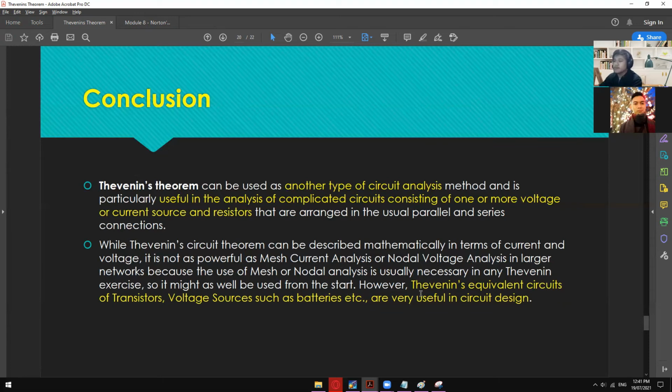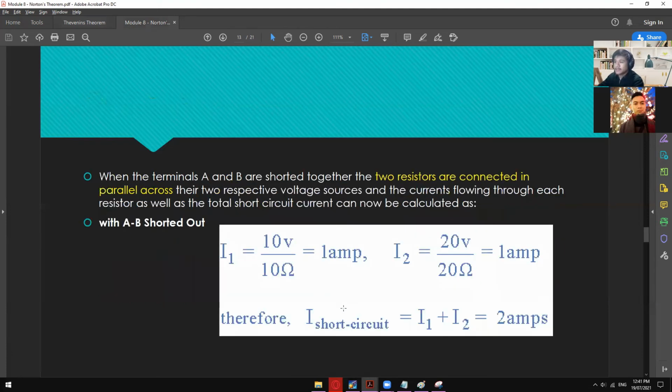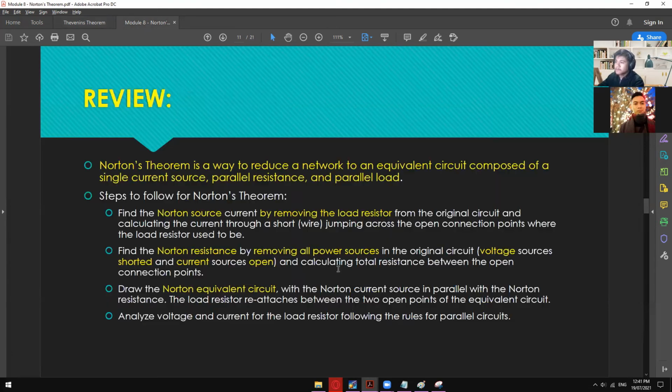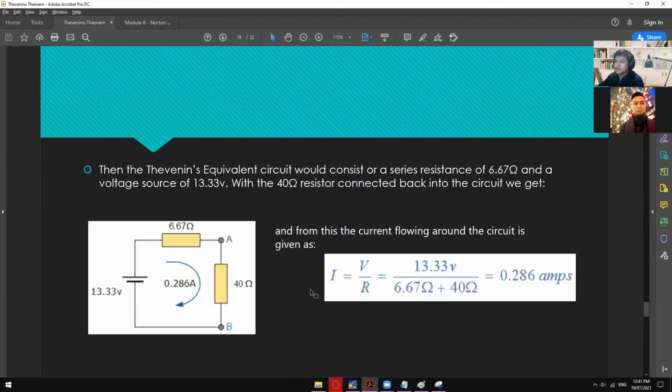Okay. So, however, Thevenin's equivalent circuits of transistors, voltage sources such as batteries, etc., are very useful in circuit design, just like what we have in here. So if you have this kind of circuit, you can easily replace this one without redoing all of your computations.